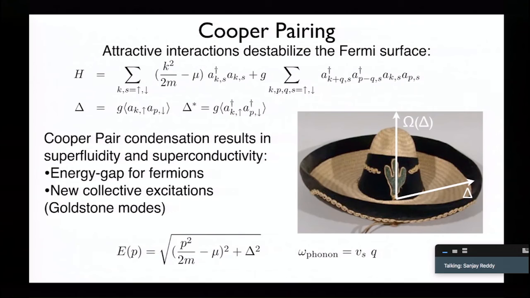But now let's come back to our discussion of quarks, because quarks also have attractive interactions at the Fermi surface, and they also have interactions between quarks and antiquarks. Are there any questions about this? I'm sure you've seen this before, but if you have any questions, I'm happy to address them.